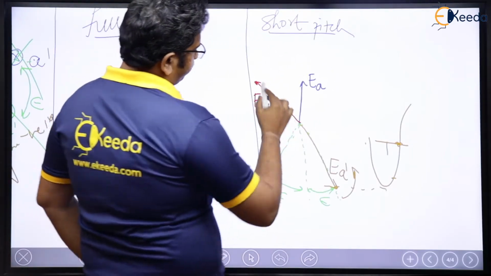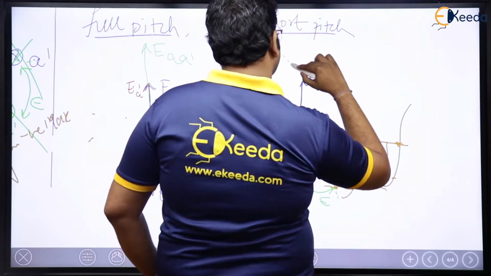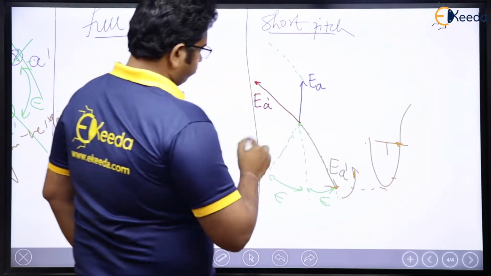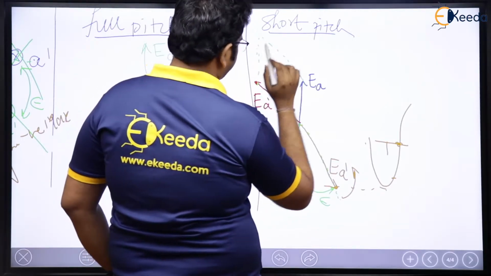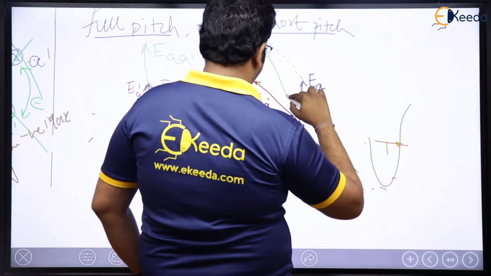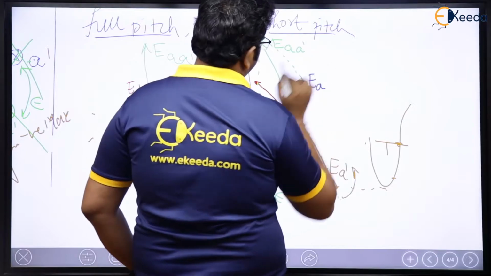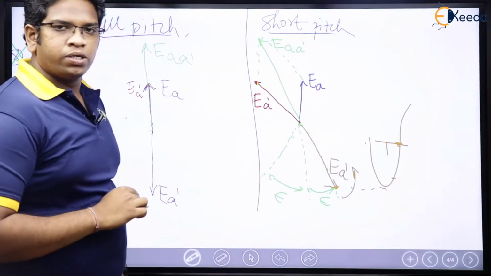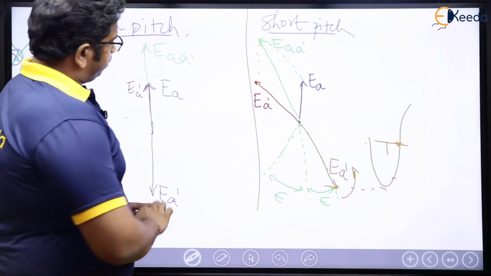Please tell me, if I add them, what will happen? Parallelogram law of addition. And this is going to be then EA dash.